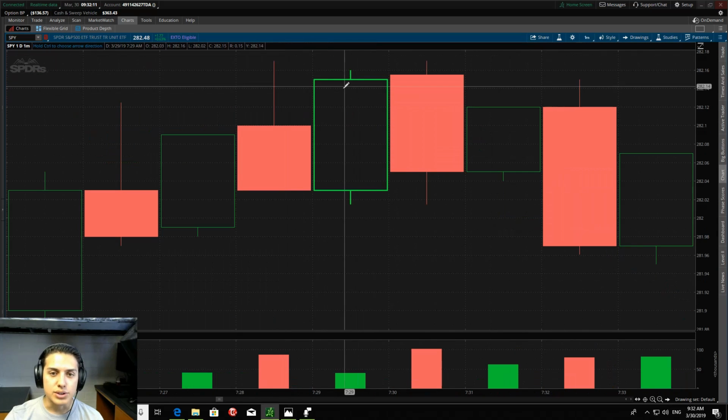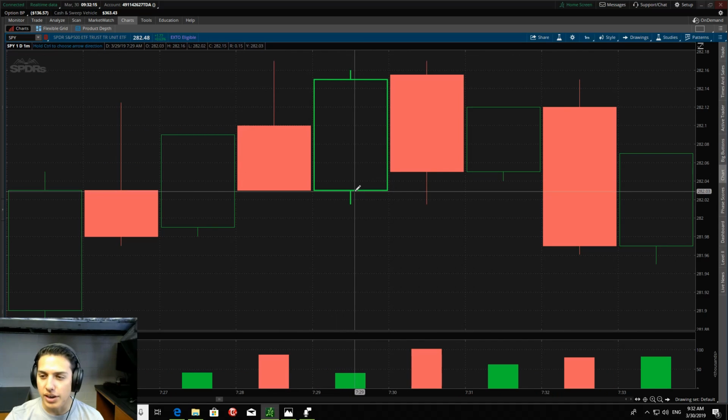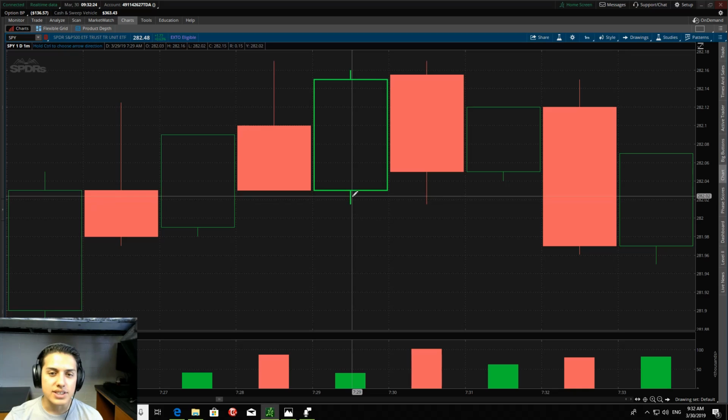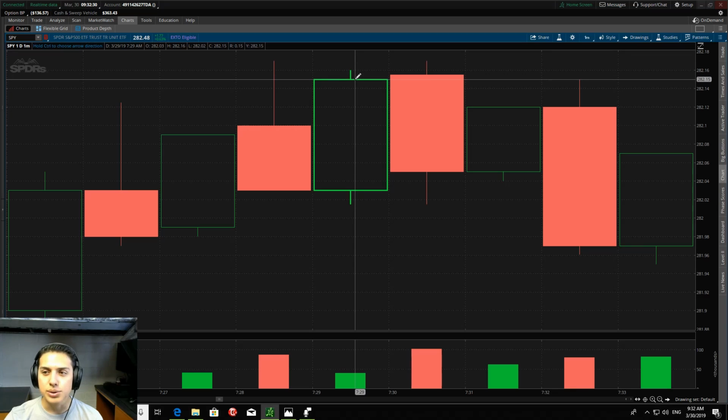Zoom in here. So just like the other two candles, you can see that the price for this green candle opened up here at $282.03. It came down to $202.01 and then came back up all the way to $202.16 and pulled back to $282.16. So the open is here and the close is here.